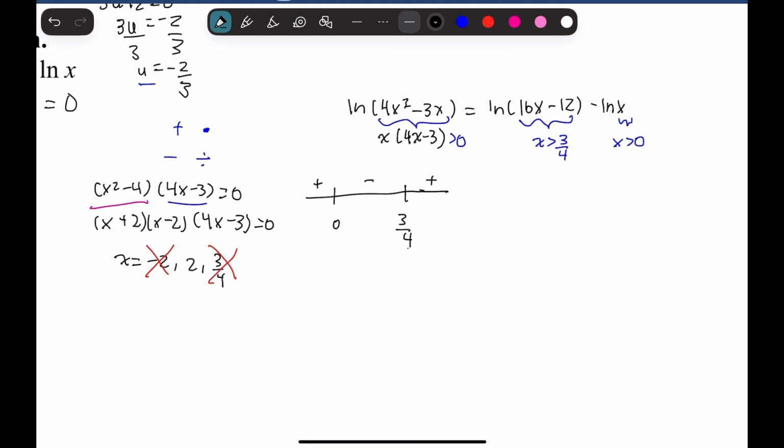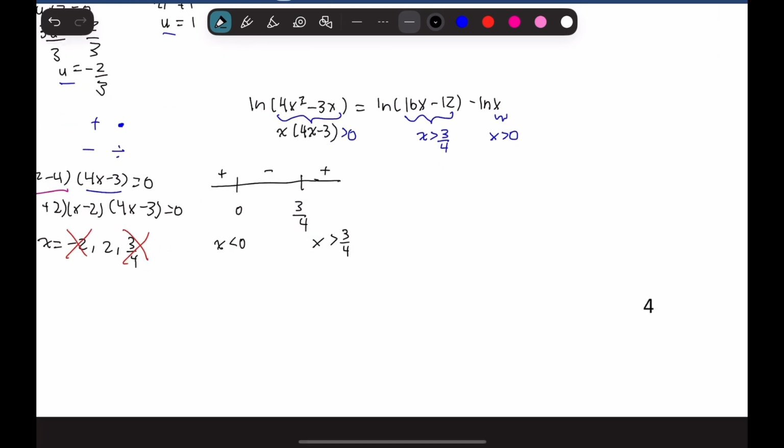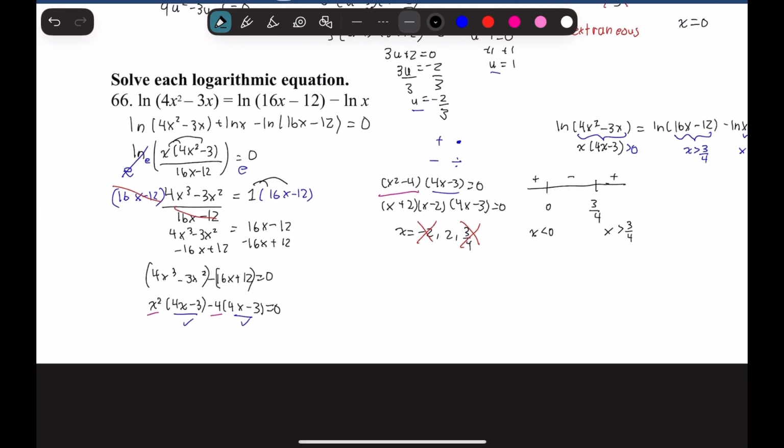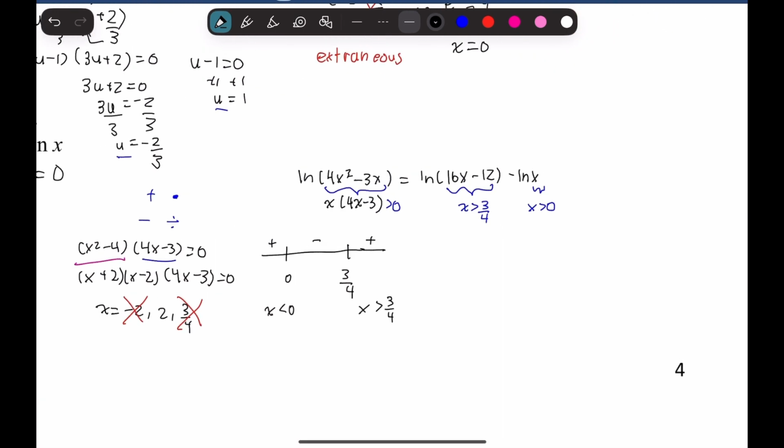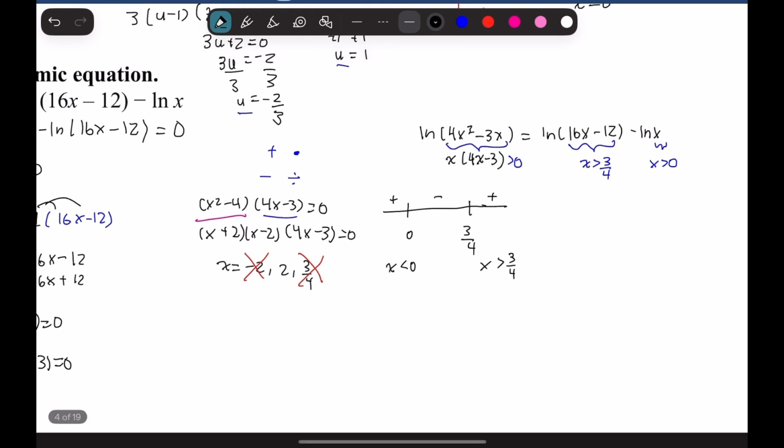So that means that we have x less than 0, and also x greater than 3 over 4 as positive component parts. So that means it's not including 3 over 4, so that's why we eliminated 3 over 4, and that's also why we eliminated negative 2 as well.